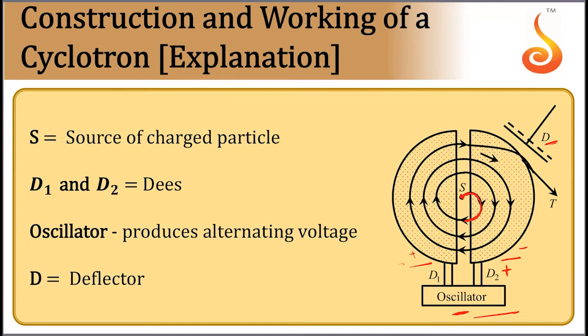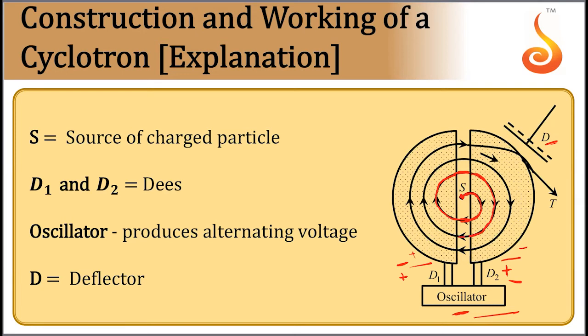Then again D1 becomes negative and D2 becomes positive, so it is further accelerated. When it enters the D, it moves with constant speed in a circular path. Again it comes between the Ds, the polarities change, this becomes positive, this becomes negative again. Then it gets accelerated, velocity increases, so radius increases.